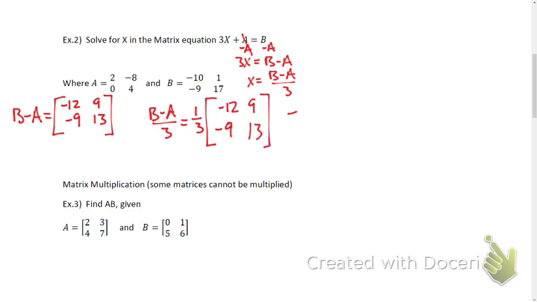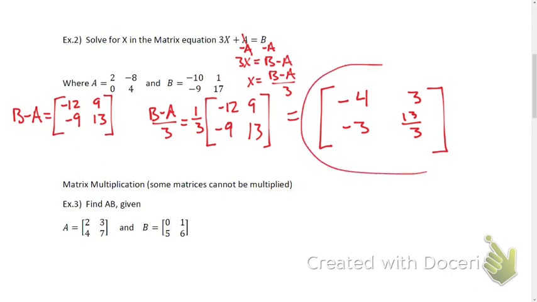All right, here we go. We get x equals negative 4, 3, negative 3, 13 thirds. So hopefully you were able to get that all by yourself.